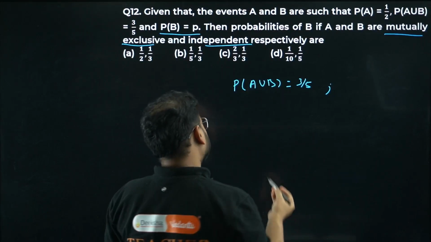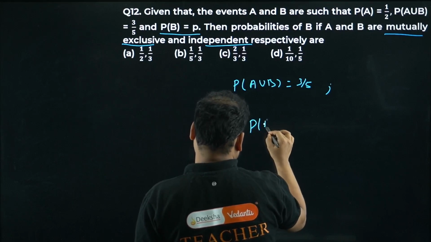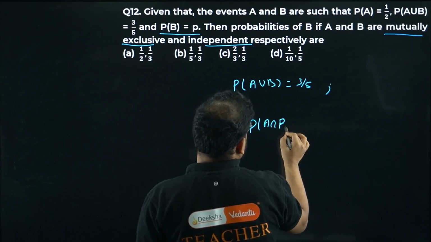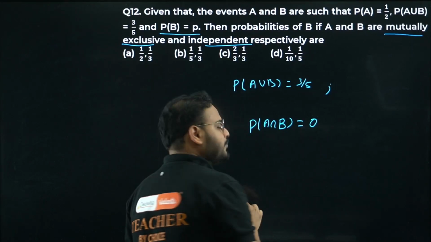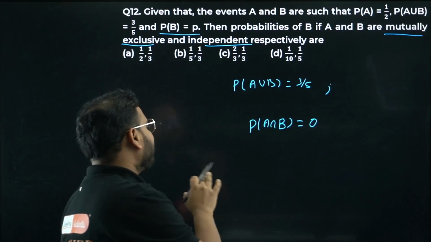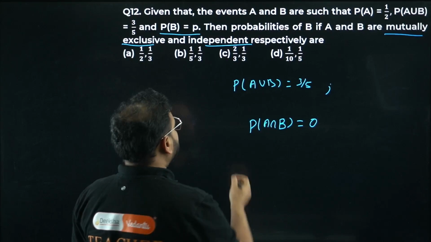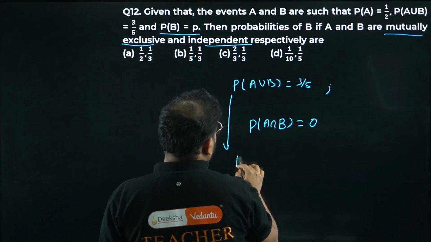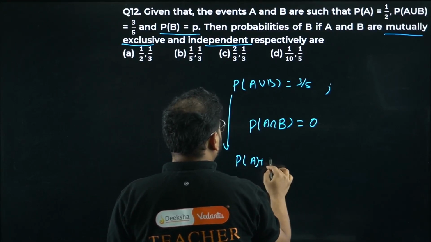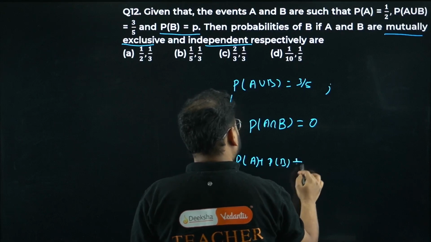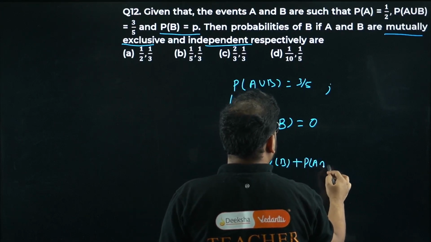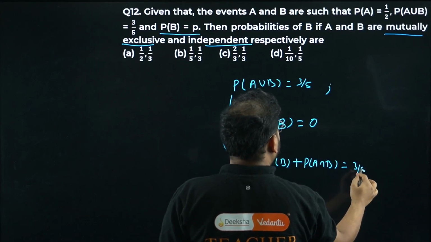Okay. Exclusive means please check, P of A intersection B is 0. They are having nothing common. That's why P(A intersection B) will be equal to 0. So from here what I get, please check. I have this formula P(A) plus P(B) minus P(A intersection B) equals 3 by 5.